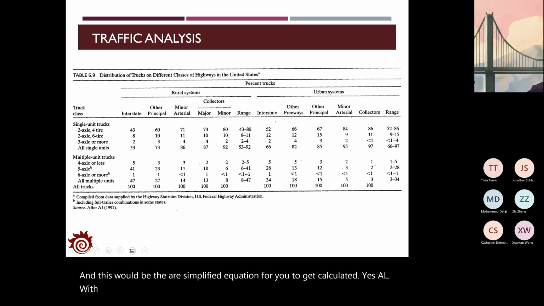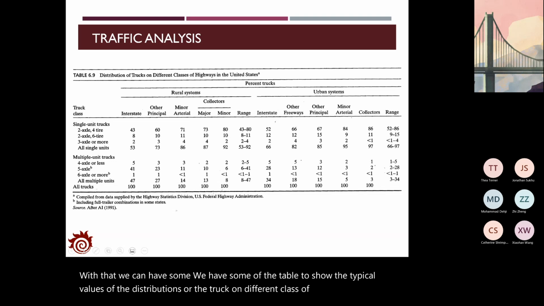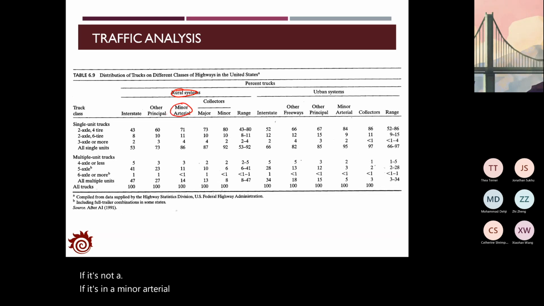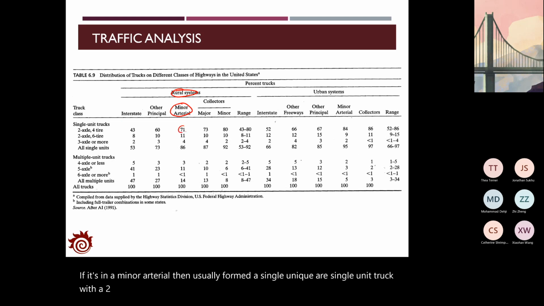With that, we have the table to show the typical values of the distributions of the trucks on different classes of highways. For example, for the rural highways, if it's in the minor arterial, then usually the single unit truck with 2 axles and 4 tires will occupy 71%. For 3 axles or more, it usually only takes around 4%.